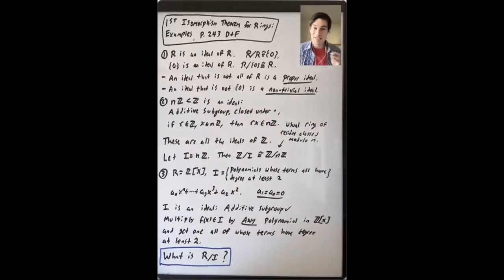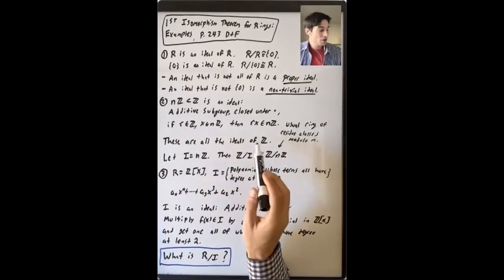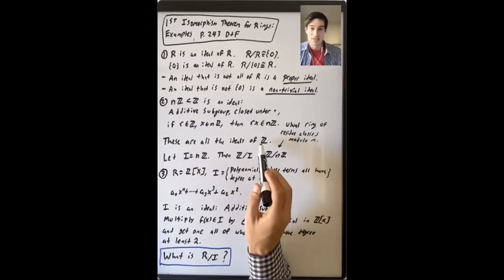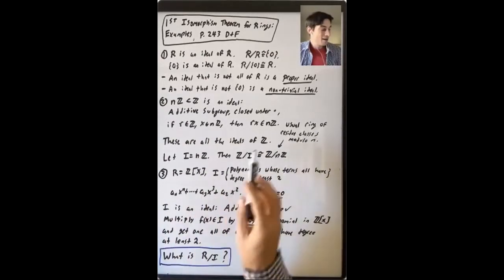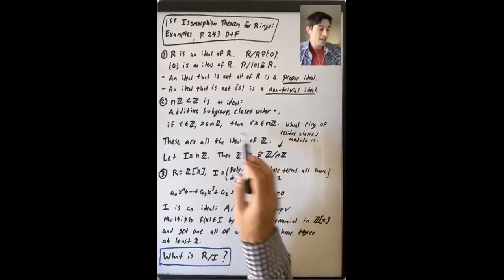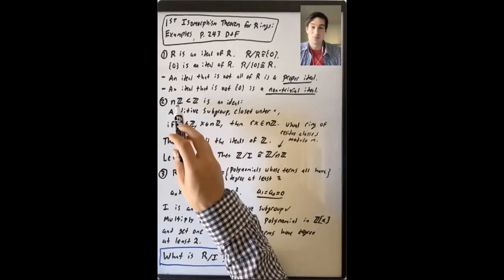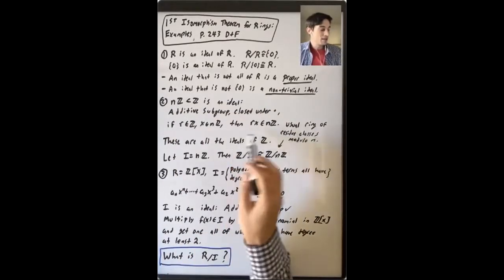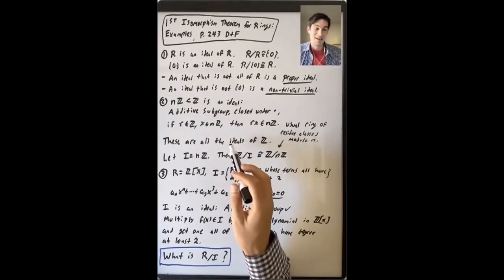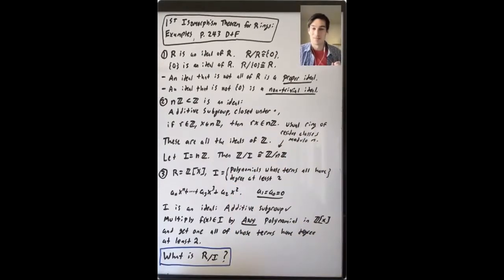Okay, we can say something better here, which is these are all of the ideals of Z. And how do we know that? Well, for one thing, ideals are subgroups. And we know that every subgroup of Z is the trivial subgroup or is nZ for some non-zero integer n. So because these are all the subgroups, it's definitely all the ideals.